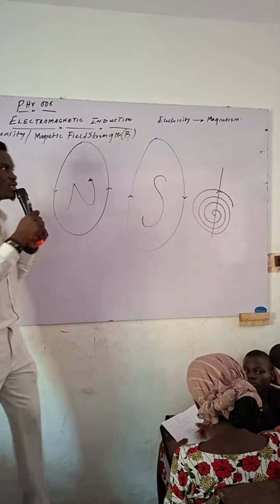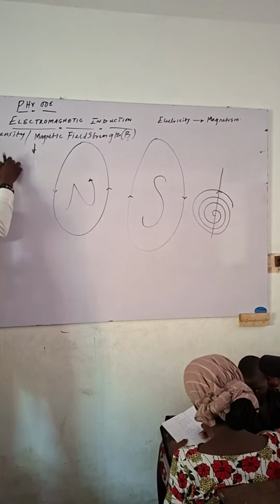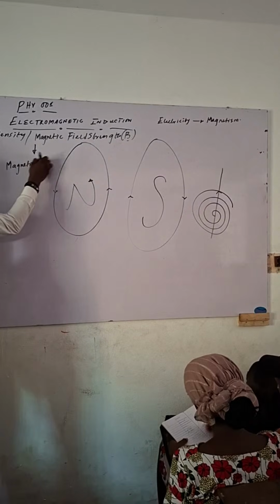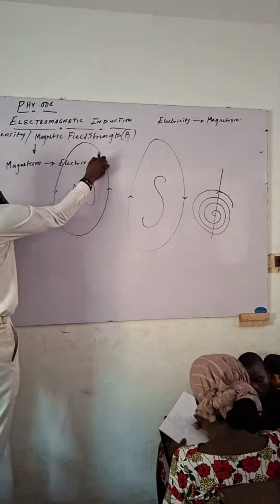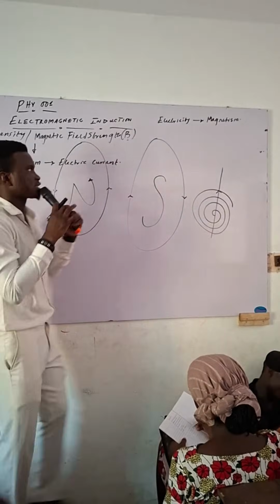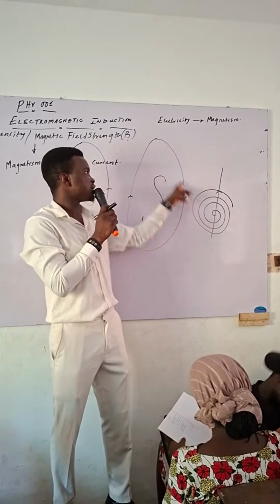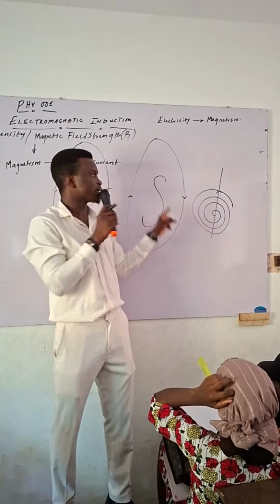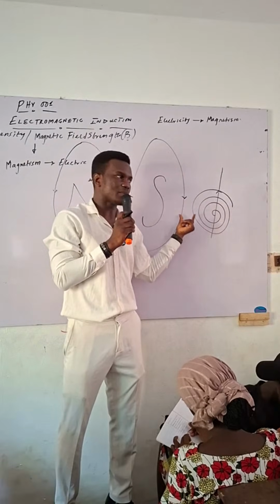So our focus in this aspect is that we are using magnetism to generate electric current. Our previous experience was that we use electricity to generate magnetism. But now we want to use magnetism to generate electricity because it has its application.